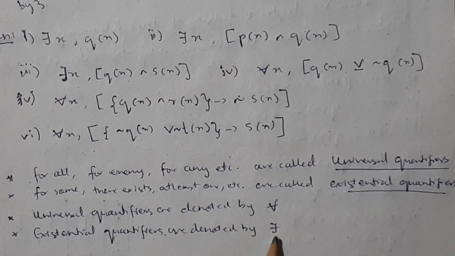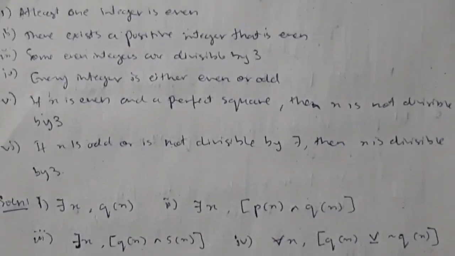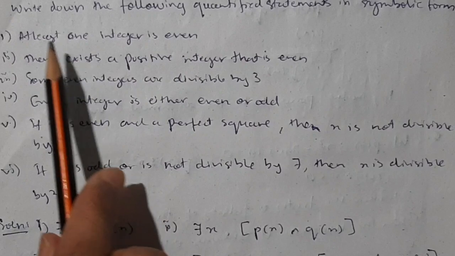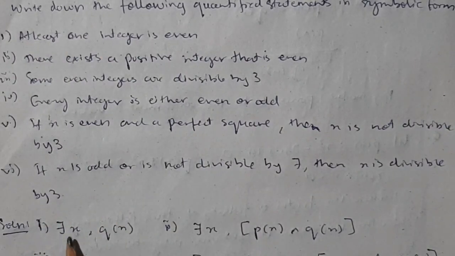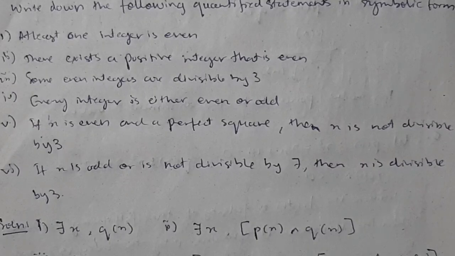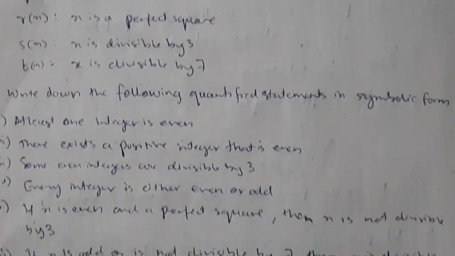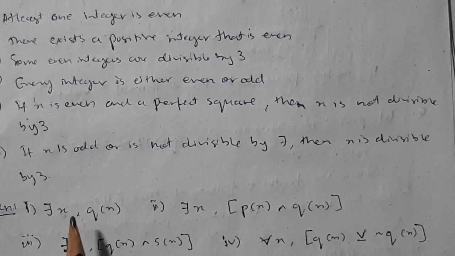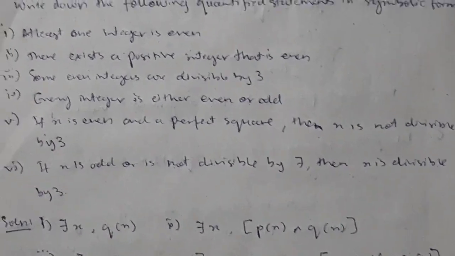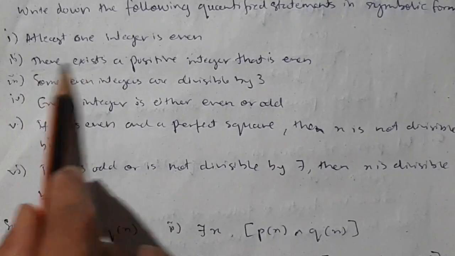That's why we used this symbol here, because they asked at least one integer is even. So for at least one you will use this sign, and one integer is even is given by which sentence? Q of x, right? X is even, so we wrote there comma Q of x. Then the second question: there exists, this is an existential quantifier.